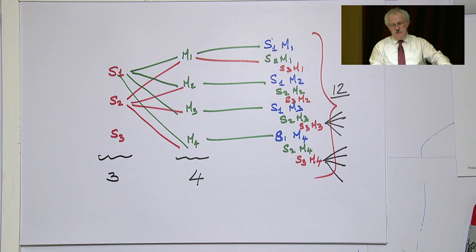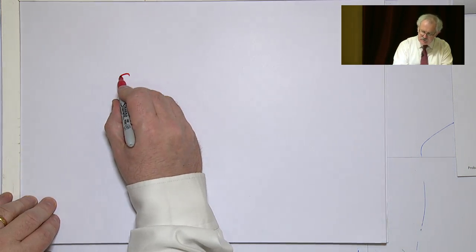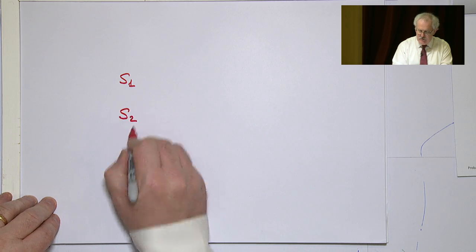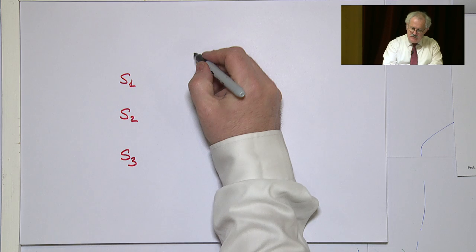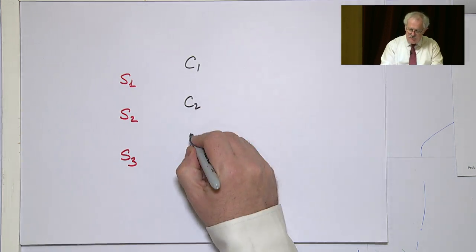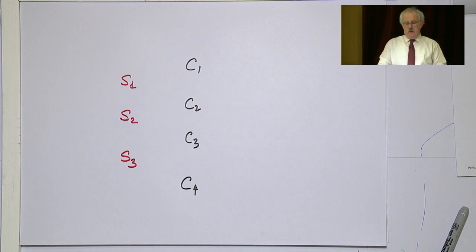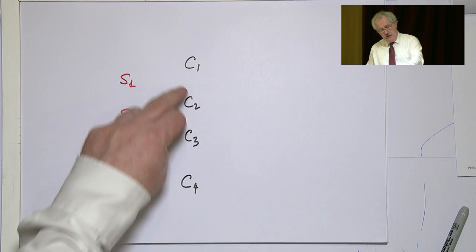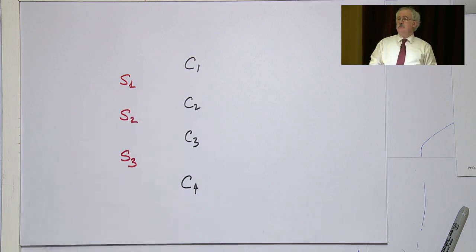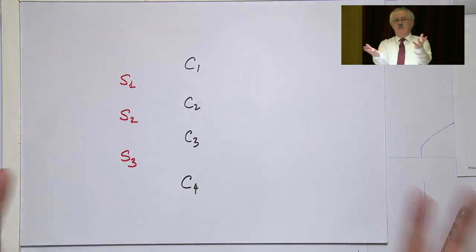Let's go back and imagine that this was S1, S2, S3, and C1, C2, C3, C4. And just imagine that the letter S stood in this case for sweets, and C stood for chocolates. Right? And on a plate, somebody says, 3 sweets, 4 chocolates.